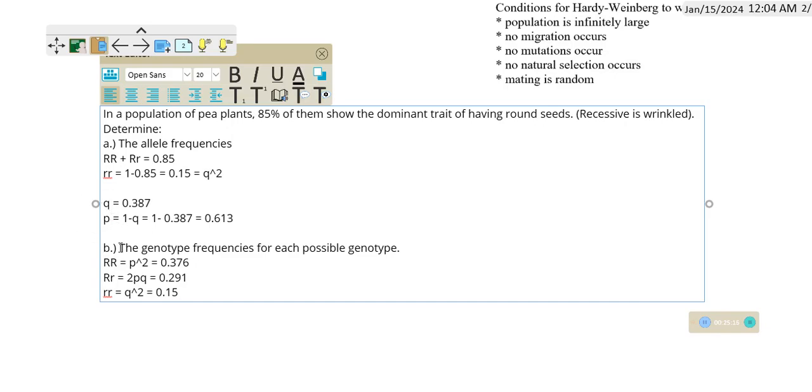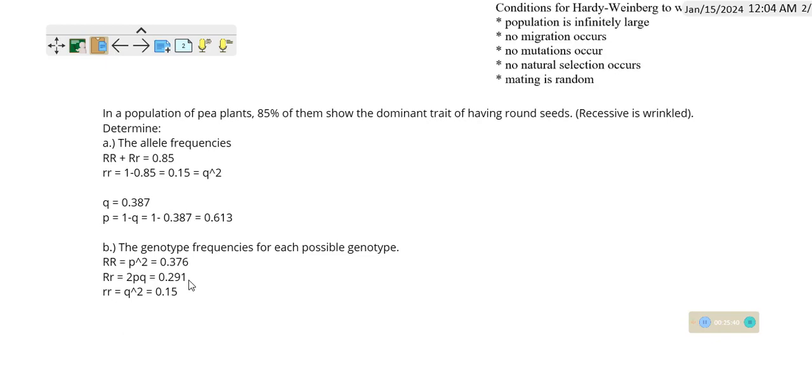And I must have punched numbers wrong at some point. I apologize. I'm using an old calculator here. 2 times 0.613 times 0.387, and that was my problem, was the 2pq. There we go, that's better. I apologize, something went wrong on this one right here.